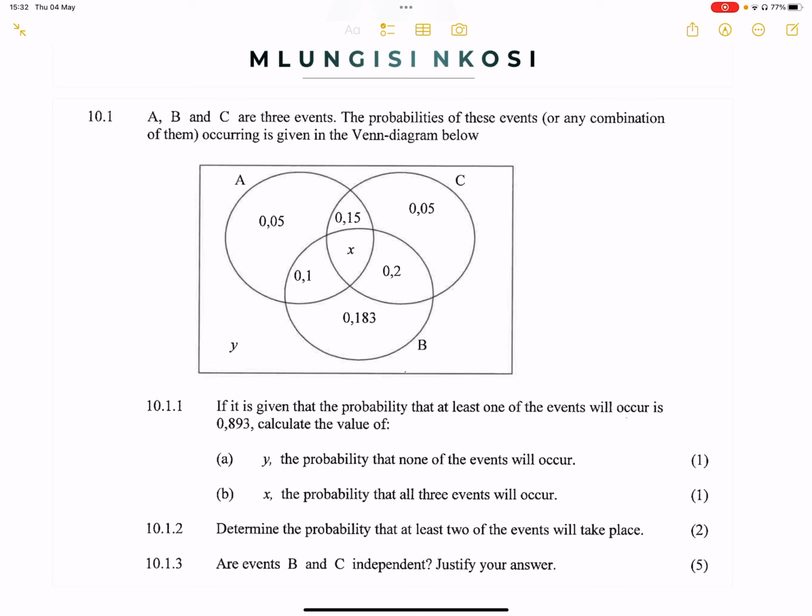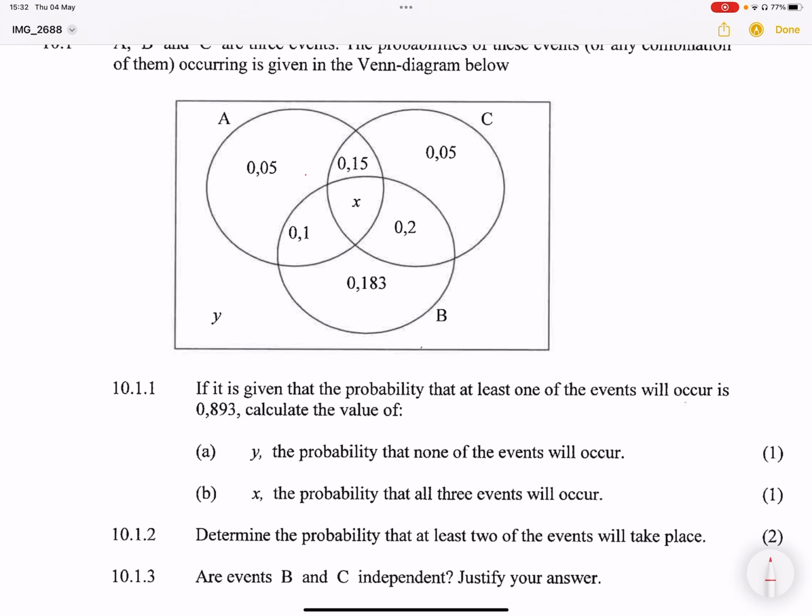Now, ladies and gents, this tells you that when we're looking at these events, they are not exhaustive. What does exhaustive mean? It simply means that they exist within just these elements, and that there's no other possibility of it not happening.